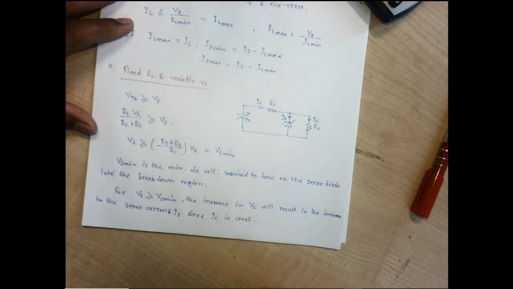So this implies that the maximum limiting value Vs max of the Vs for which the Zener diode will work satisfactorily can be obtained by using the condition for which the Zener current is maximum. So whenever Vs max is there, we need to work with the maximum current of the Zener diode, which is Iz max.